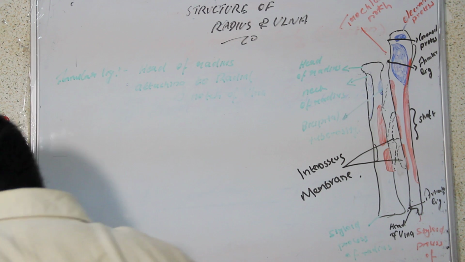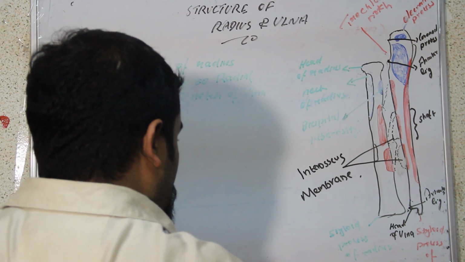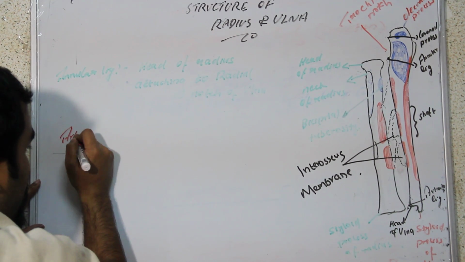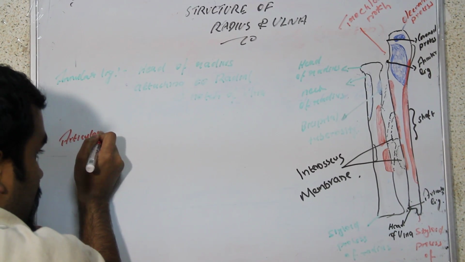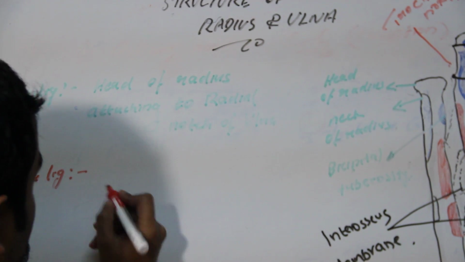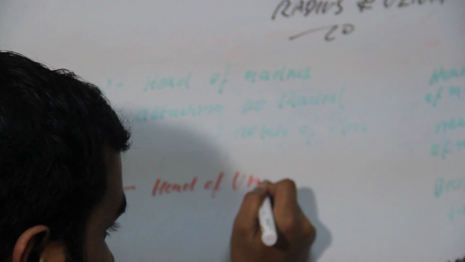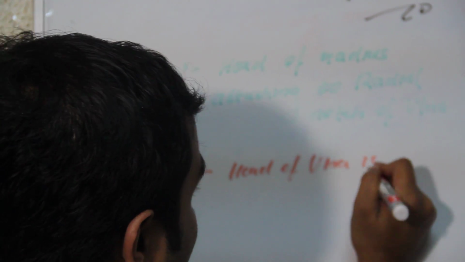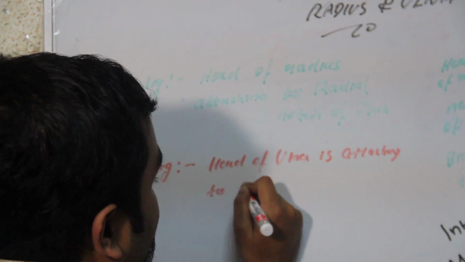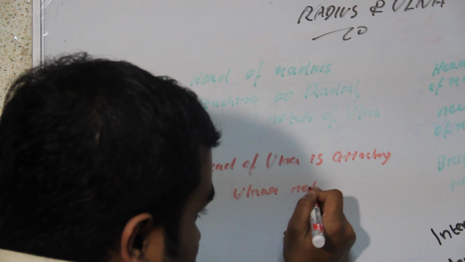The same way, what is the articular ligament? You can see it down here. It is the place where the head of the ulna is attaching to the ulnar notch of the radius, just the opposite.